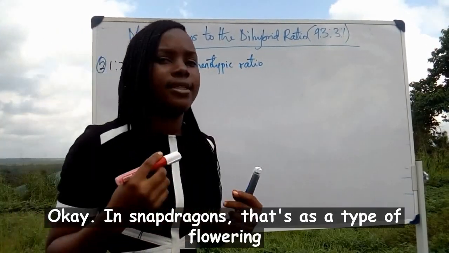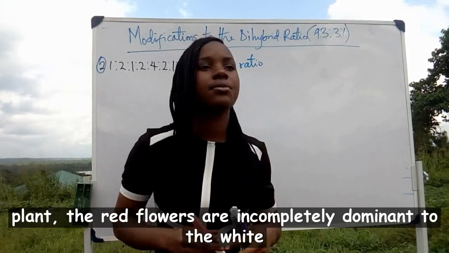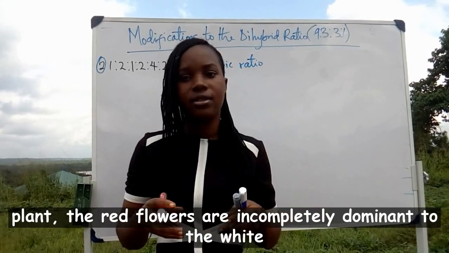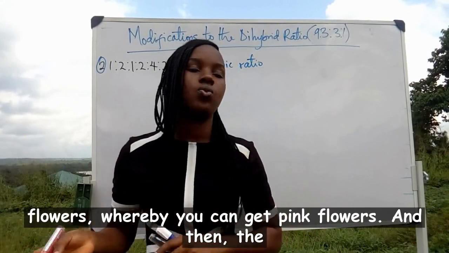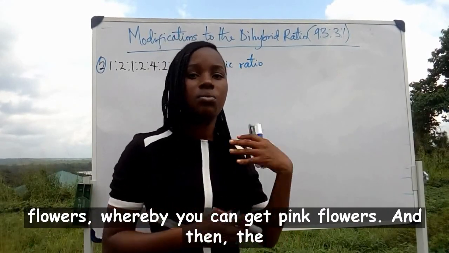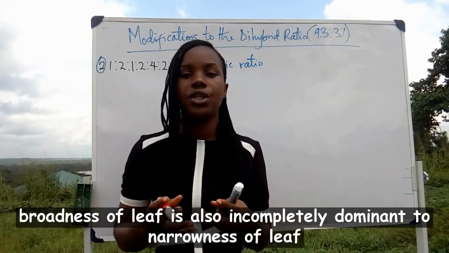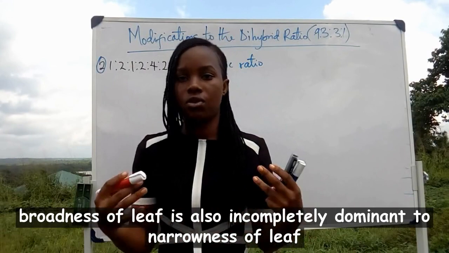Okay, in this example, like in snapdragons as a type of flowering plant, the red flowers are incompletely dominant to the white flowers, whereby you can get pink flowers, and then the broadness of leaf is also incompletely dominant to narrowness of leaf.